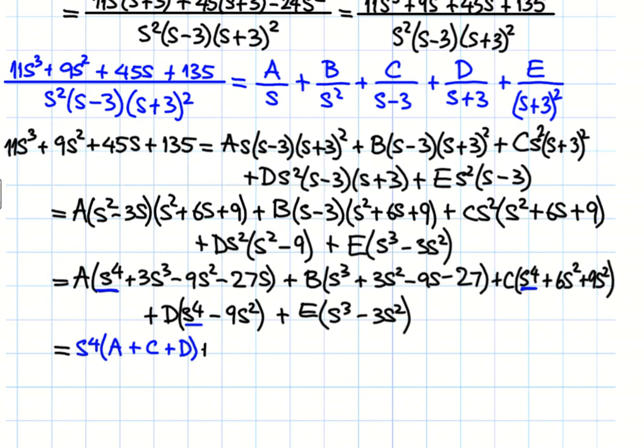Next, we go to s cubed. We write out every coefficient of s cubed, which will be 3 s cubed with the a, so we write 3a. The s cubed here, 1 times b. Then 6c, since this is the 6 s cubed term.